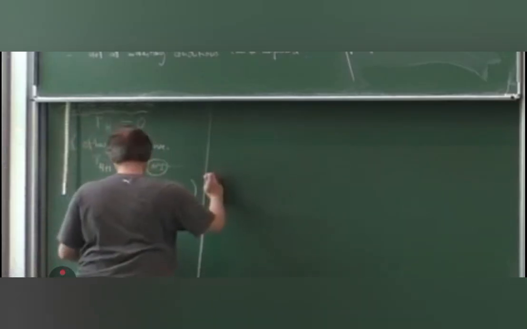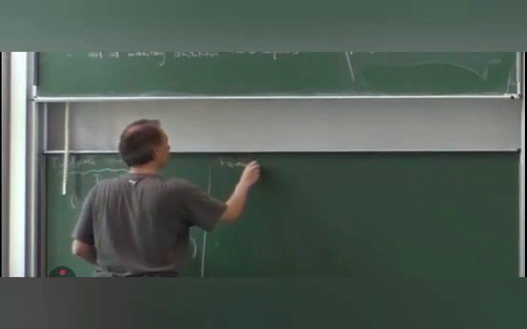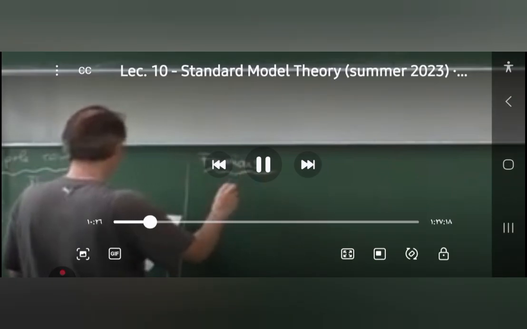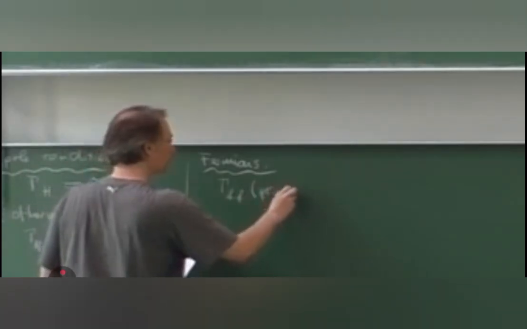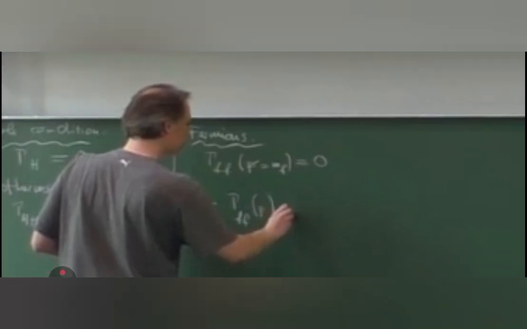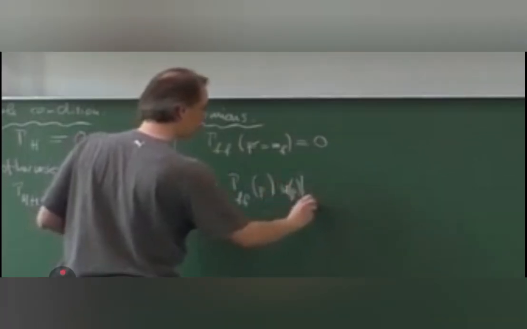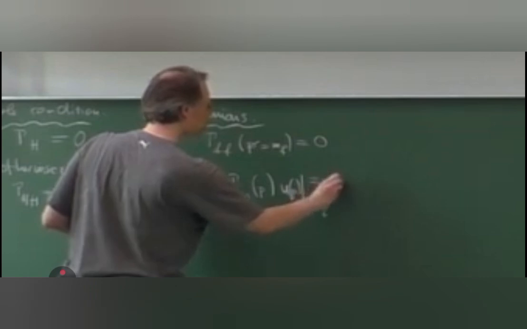Okay, then the same for the fermions. So for the fermions, we also require the analog to QED, gamma FF at P slash equal MF should be 0, and the following 1 divided by P slash minus MF gamma FF of P times a spinor U of P at P square equal MF square, that should vanish.